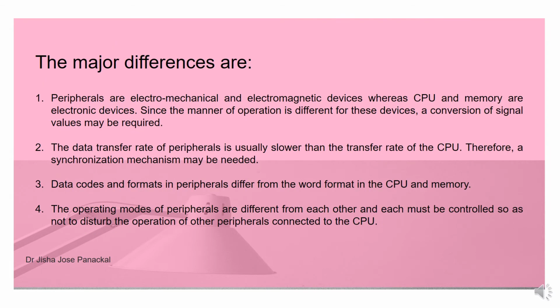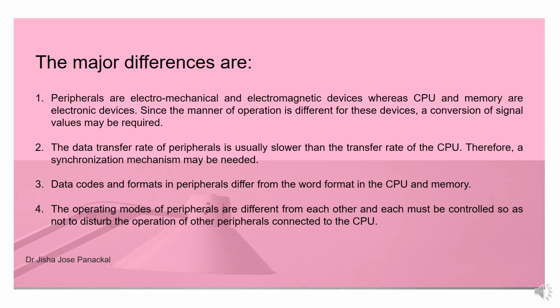Now let's see the differences between the peripheral devices and the CPU. Peripherals are electromechanical and electromagnetic devices, whereas CPU and memory are electronic devices. This is one of the major differences between peripherals and CPU and memory.